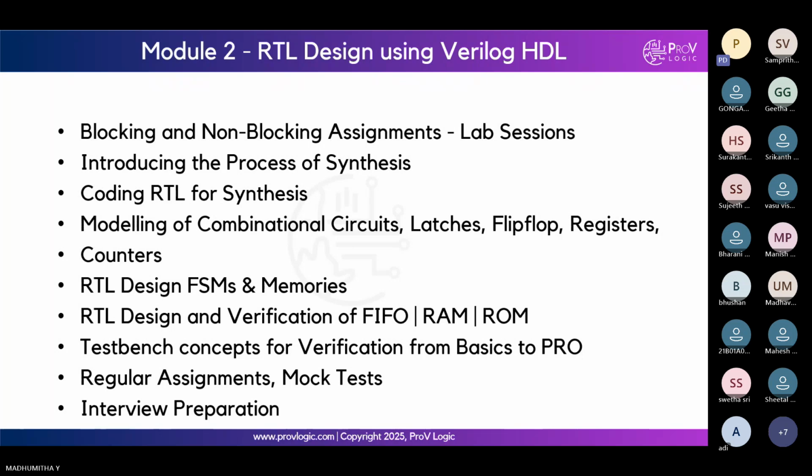All right. So coding RTL for synthesis. As I said, synthesis is the very first step of physical design. Now, to start with synthesis, we need the RTL part. That will be explained in this coding RTL for synthesis part. Next is modeling of combinational circuits, latches, flip-flops, registers, counters.